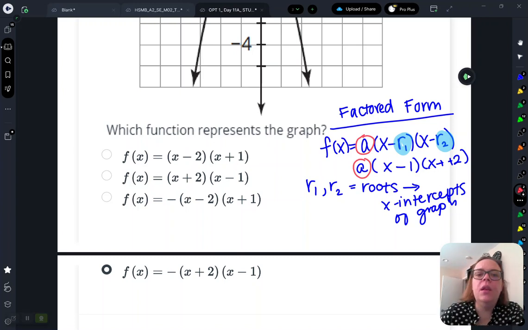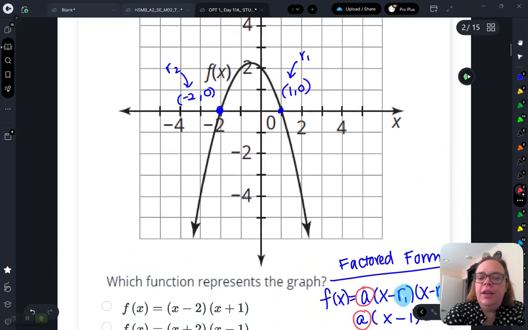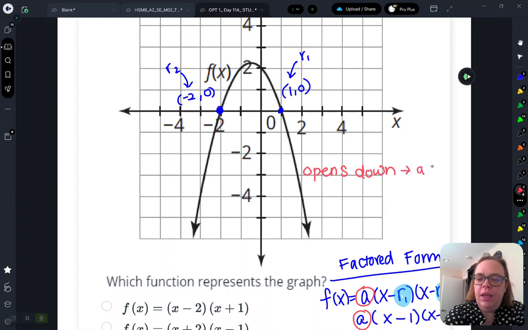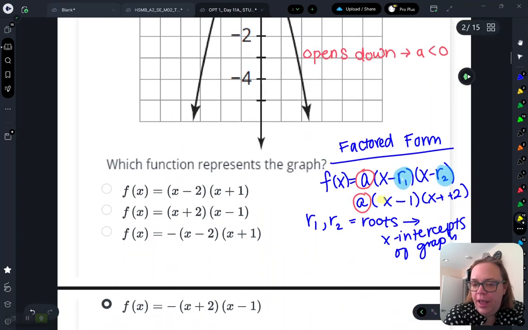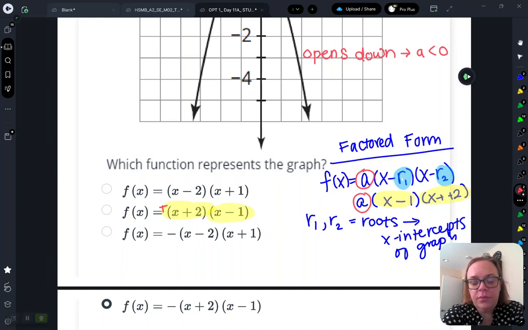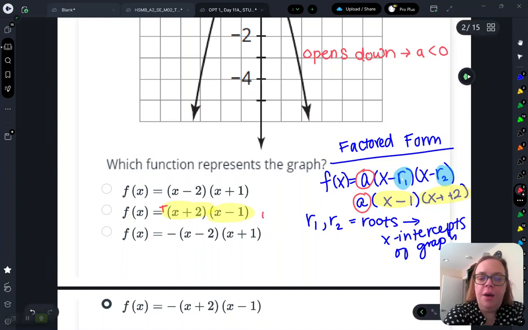In this case, I do recognize that it is opening down. So that means that A has to be less than 0. It has to be negative. So I'm looking for an x minus 1 and an x plus 2 in whichever order. I see there's an x minus 1 and an x plus 2 in this option, but there's no negative, there's a positive in front, which means this would open up, so that is not the answer.